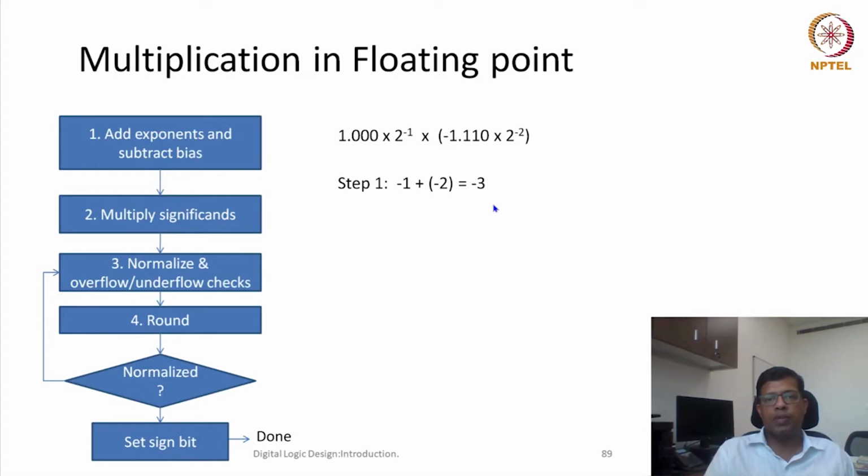Let us say this would be represented using 126, because bias 127 minus 1 is 126, and this would have an exponent of 125. We simply add the two exponents, and then subtract the bias, that means minus 127, and whatever is the result we keep as the exponent.